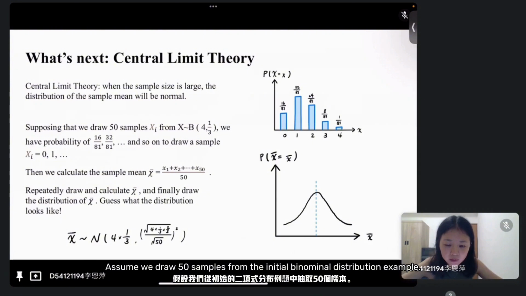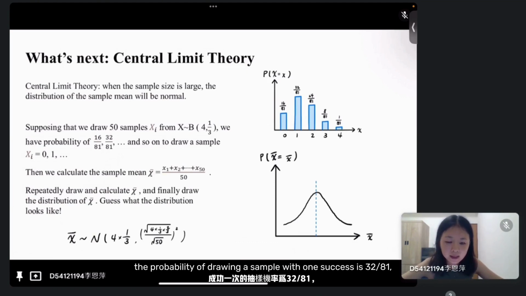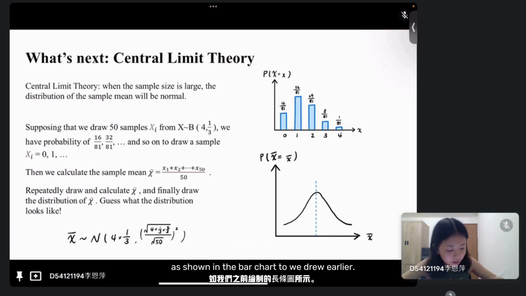Assume we draw 50 samples from the initial binomial distribution example. The probability of drawing a sample with 0 success is 16/81. The probability of drawing a sample with 1 success is 32/81, as shown in the bar chart we drew earlier.